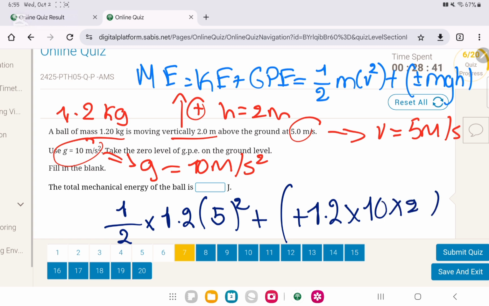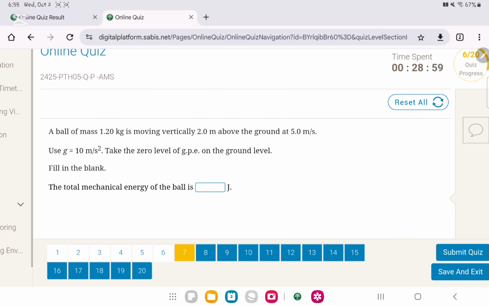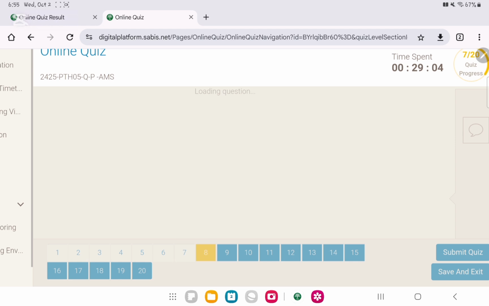So if we do it on a calculator, it's gonna be 1 over 2 times 1.2 times 5 squared, okay, plus 1.2 times 10 times 2. So all in all, we are gonna get 39 joules. So the total mechanical energy of the ball is 39 joules.